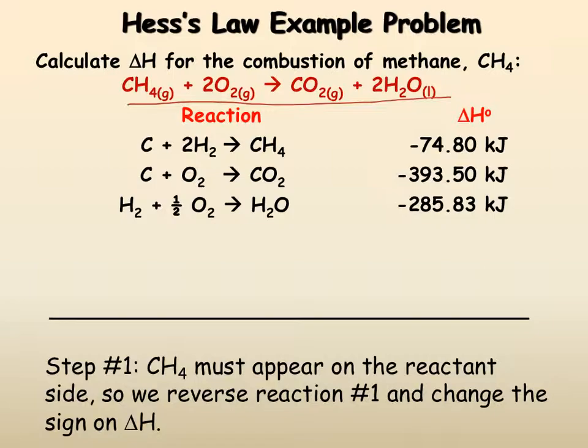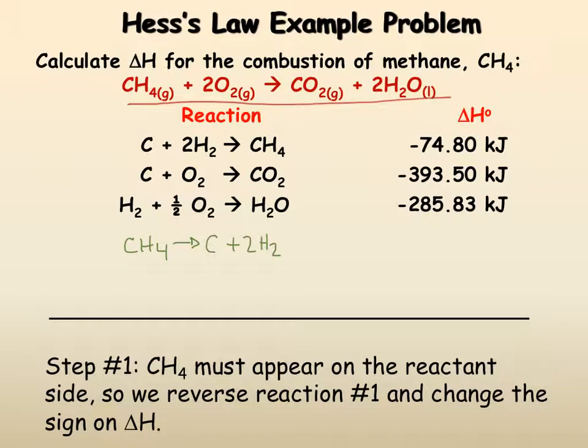Okay, so step 1, methane, CH4, must appear in the reactant side. So to do that, what you do is you'd actually rewrite your reaction as the reverse. But if we're reversing our reaction, what do you think that does to the energy? Okay, instead of being negative, because the way this is, when you combine carbon and hydrogen to make methane, you give off 74.80 kilojoules of energy.